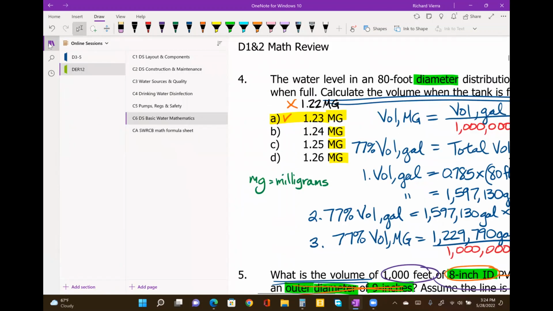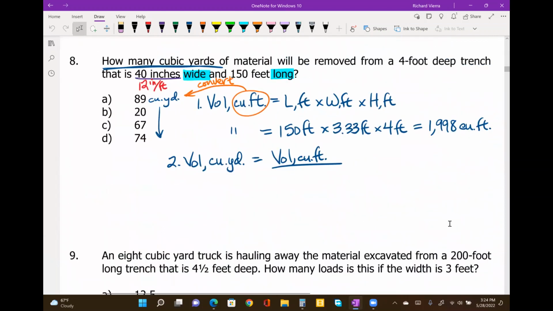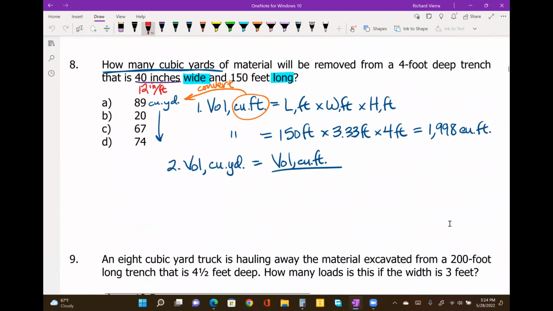So we'll go ahead and head back to our example in number 8. Take our volume in cubic feet, divide by 27 cubic feet per cubic yard. In this case, we have 1,998, right close to that 2,000 amount in cubic feet that we'll divide by 27 and see what we end up with.